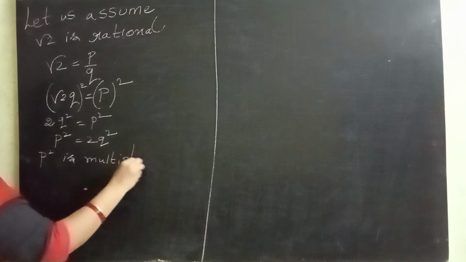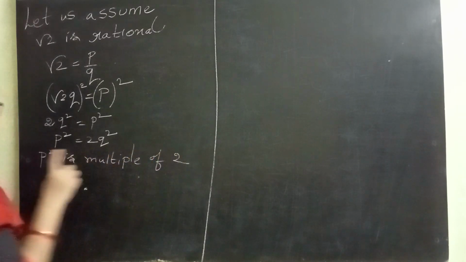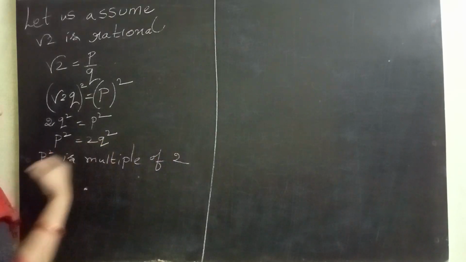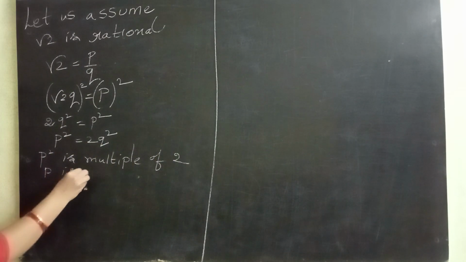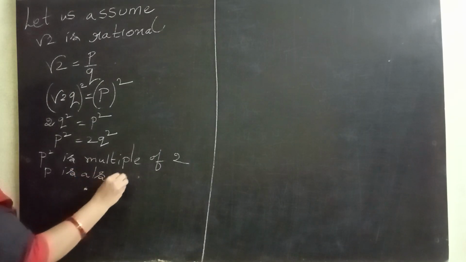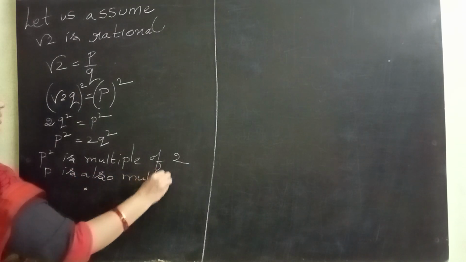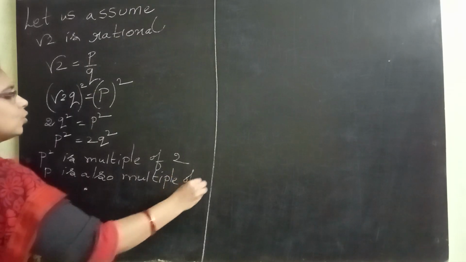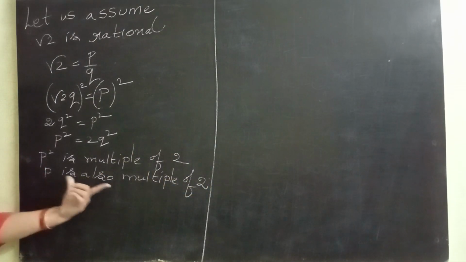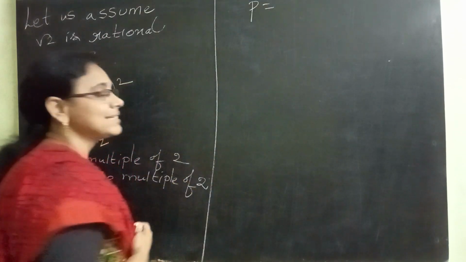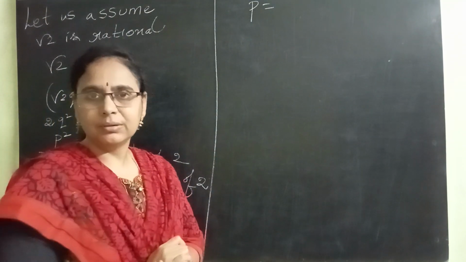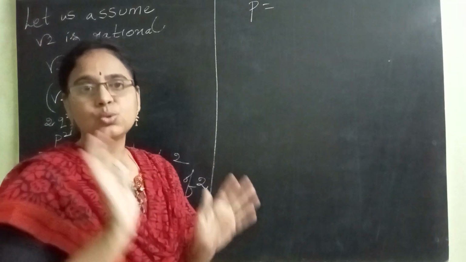When p square is a multiple of 2, obviously p is also a multiple of 2. p is a multiple of 2 means it is in the 2 table.